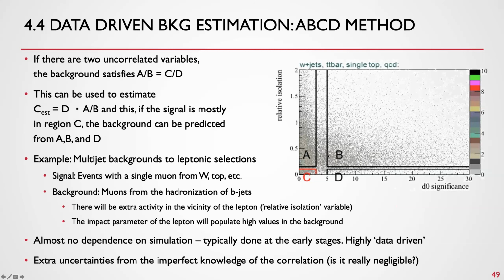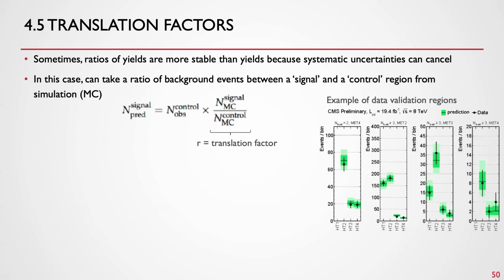You cannot move the region B closer to A while not moving the region D closer to C, because otherwise this relation is violated. We call this the ABCD method. It has advantages and disadvantages, and the restriction to rectangular cuts is one of the shortcomings.